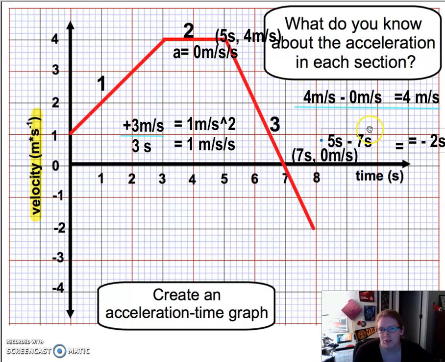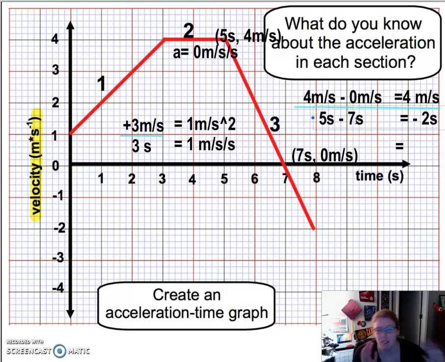I just deleted a bunch of video, but I think you're going to track what happens. So I did my y value, y1 minus y2. So that's 4 meters per second minus 0 meters per second. So that's the change in velocity. Then I'm going to divide by time. Man, it's a hard life. I didn't do that the first time. So I have the x's on the bottom, so that's 5 seconds minus 7 seconds.